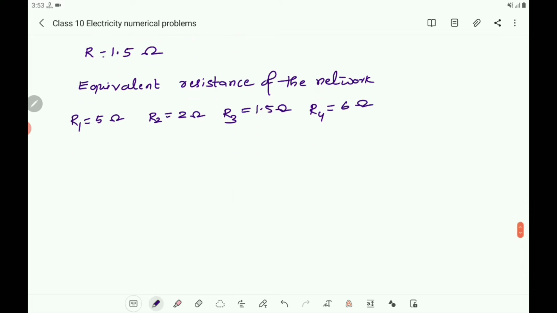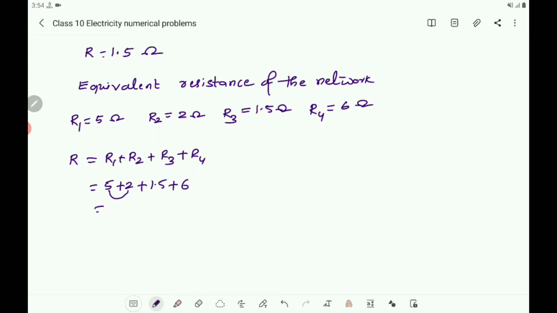Then the resultant or equivalent resistance R equals R1 plus R2 plus R3 plus R4. So it becomes 5 plus 2 plus 1.5 plus 6.